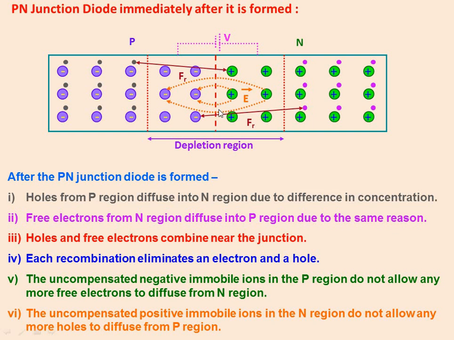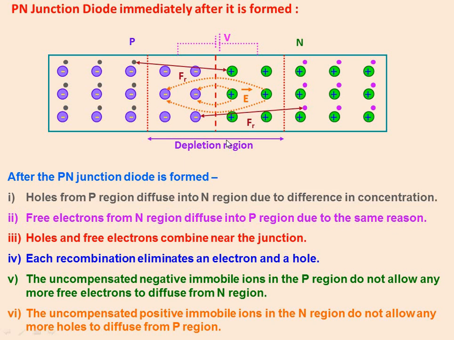And remember, this region where no charge carriers, that is formed at the PN junction due to the combination of electrons and holes, is called depletion layer. Depletion layer. And this region will be in the order of 10 power minus 6 meter.